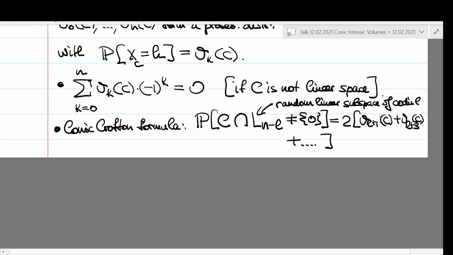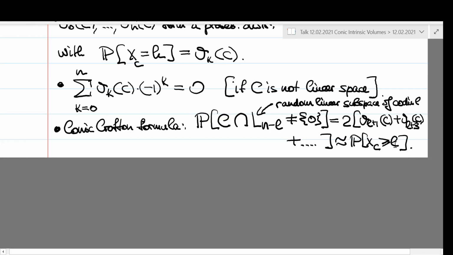But for asymptotic considerations, it's very convenient to think of it as, not exactly equal, but approximately the same as the probability that X_C, this random variable, is larger or equal to L. Why?